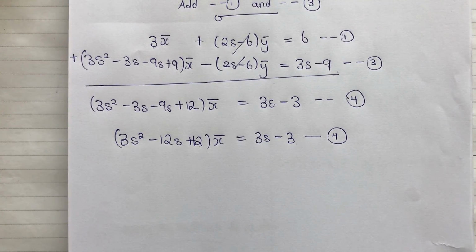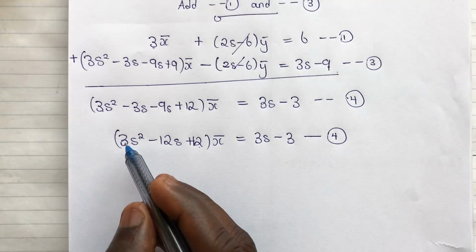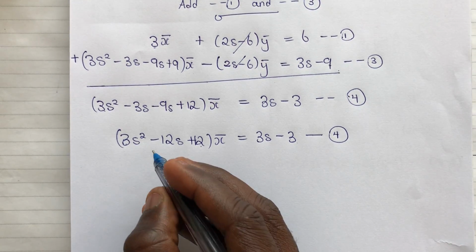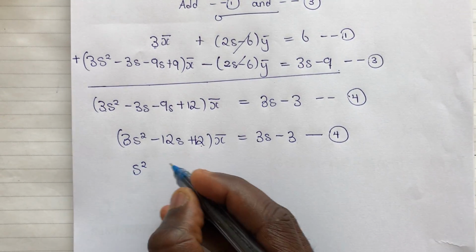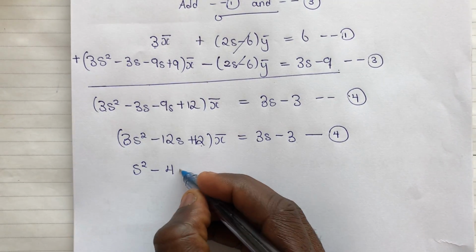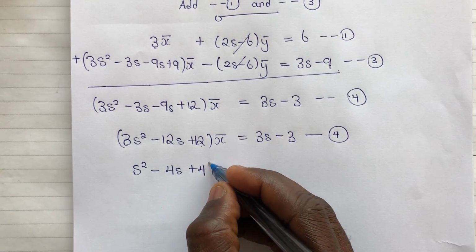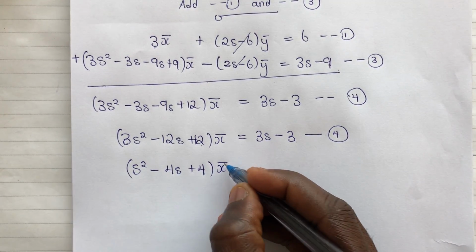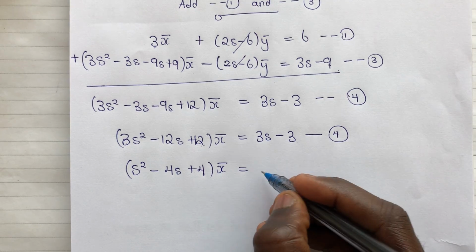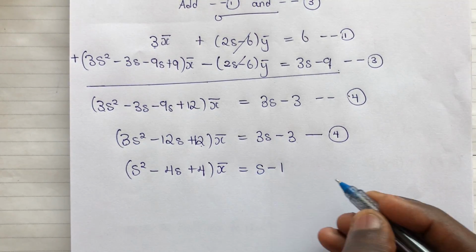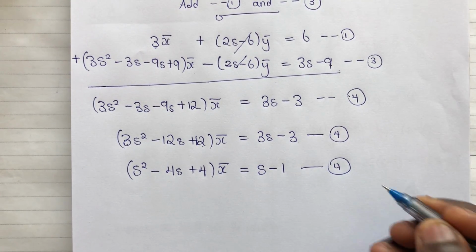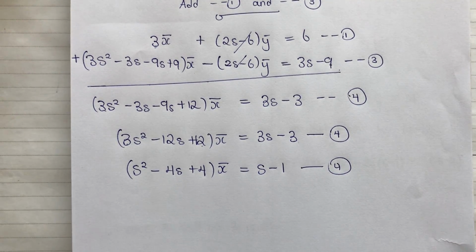So we can divide the equation through by what? 3 to break it down. When we divide this by 3, what are we having? We have s squared minus 4s plus 4, all multiplying x bar, giving us s minus 1. This is equation 4. Okay, so I've broken it down to the simplest form.